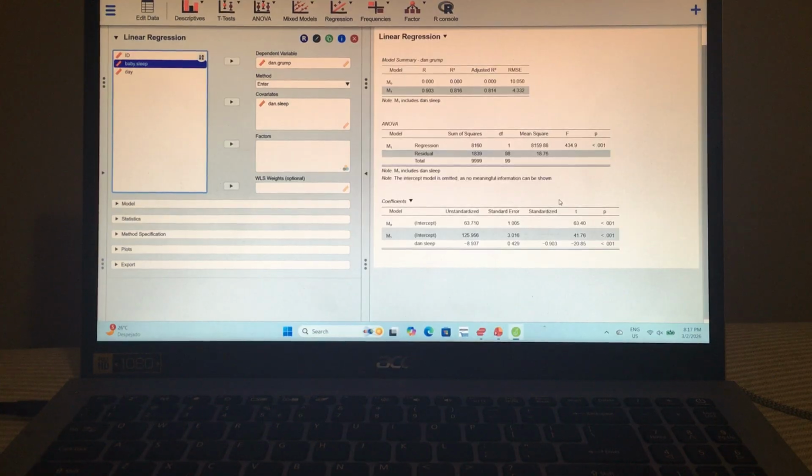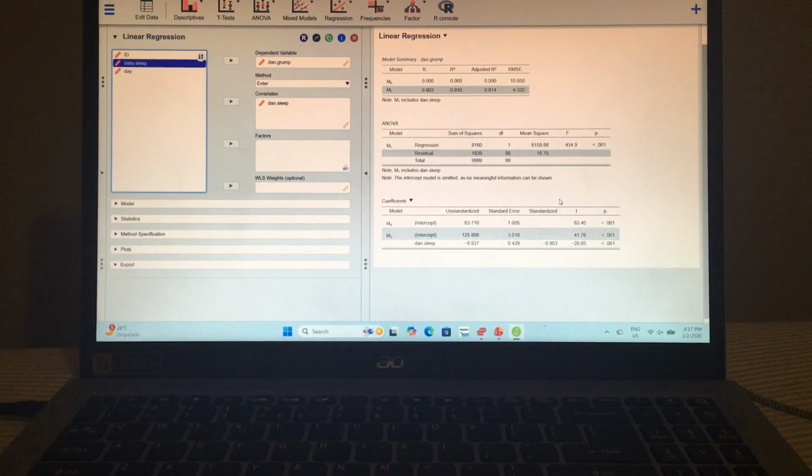So in the simple linear regression model, Danny's sleep was a significant predictor of her grumpiness. And then T, 98 equals negative 20.9.